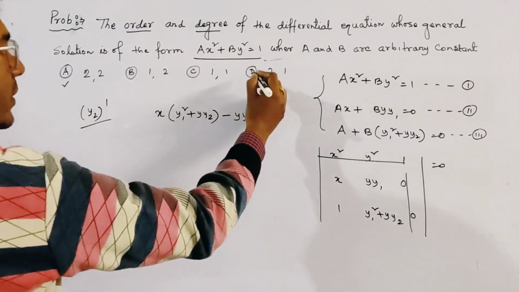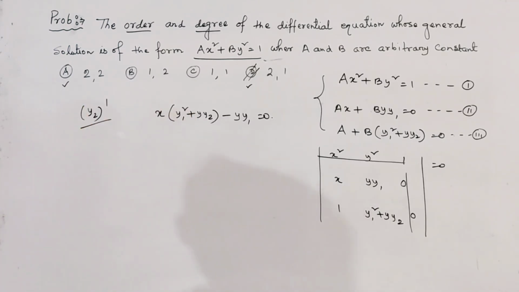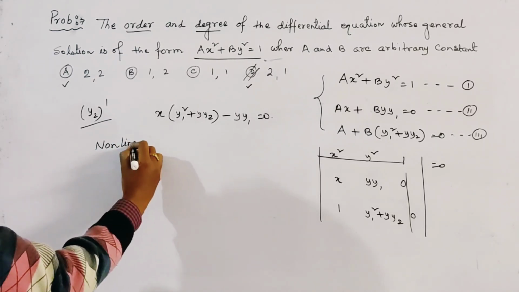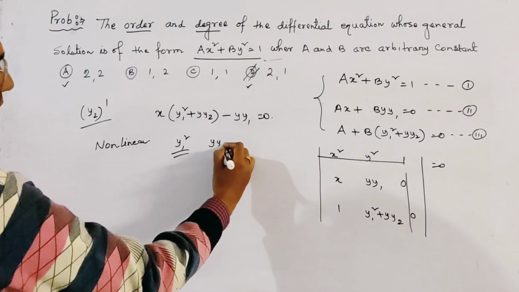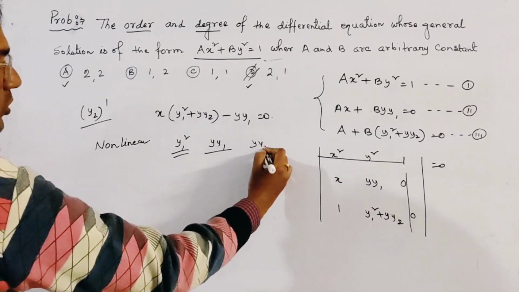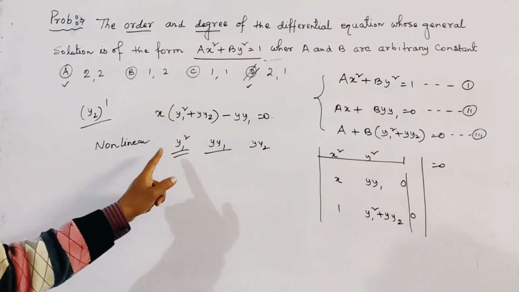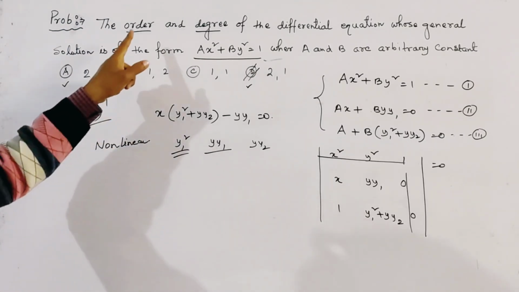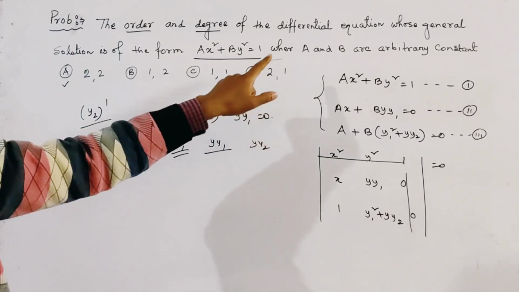If it were asked whether it is linear or non-linear, then it must be non-linear, because here y1² appears, and the product of dependent variables appears, or the power of the dependent variable is 2. So it is non-linear, but the degree is 1 and the order is 2. So our option D is correct.